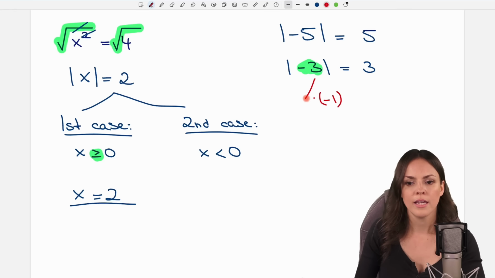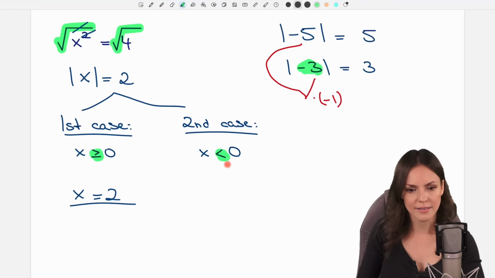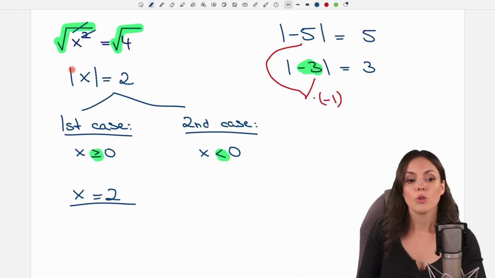Same here. If we multiply the negative number in here by -1, the result is going to be positive. So this means for our negative case here that we know our x is negative. So to be able to leave out the absolute value, we have to multiply what is inside by -1.